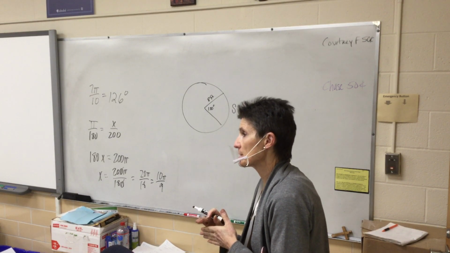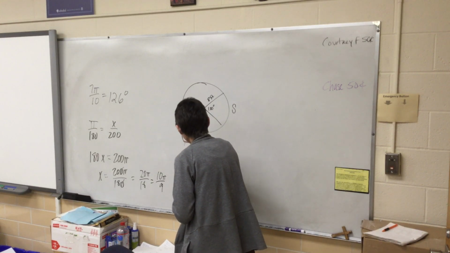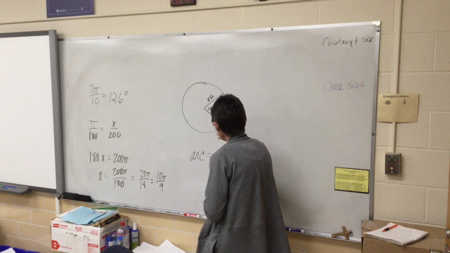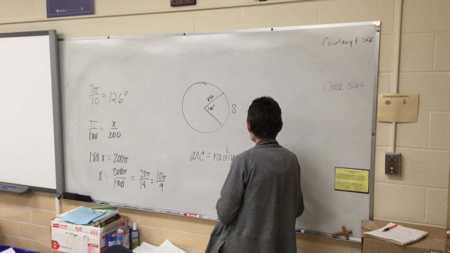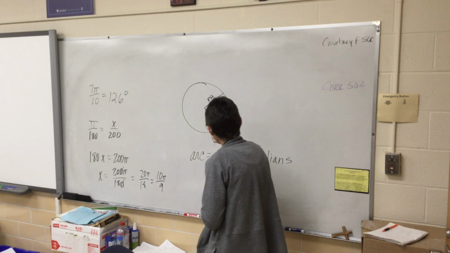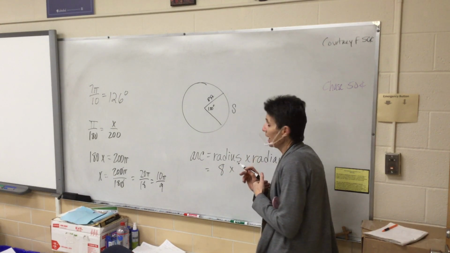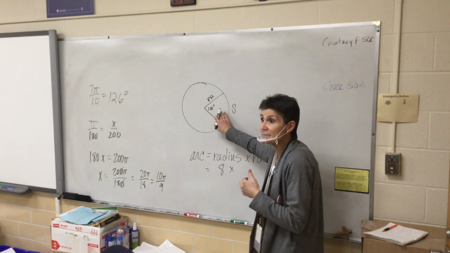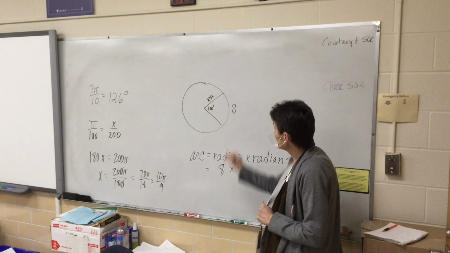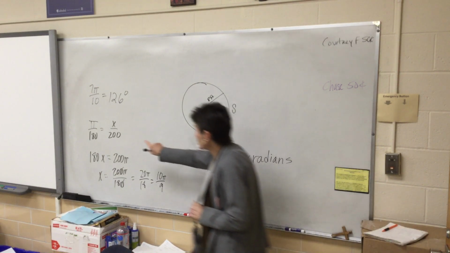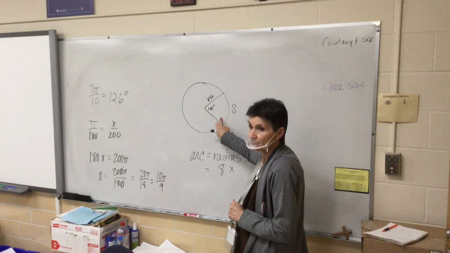Radius times radians. Now we've got a bit of a problem because we have the radius, but we do not have the radian measure of the angle, right? So we're going to have to do what we just did here with 200. We're going to have to do it with 100.